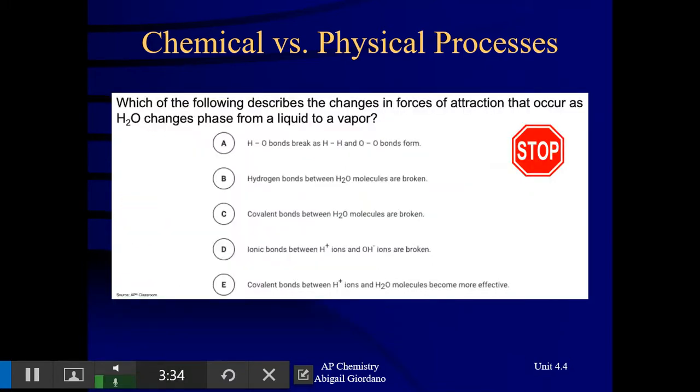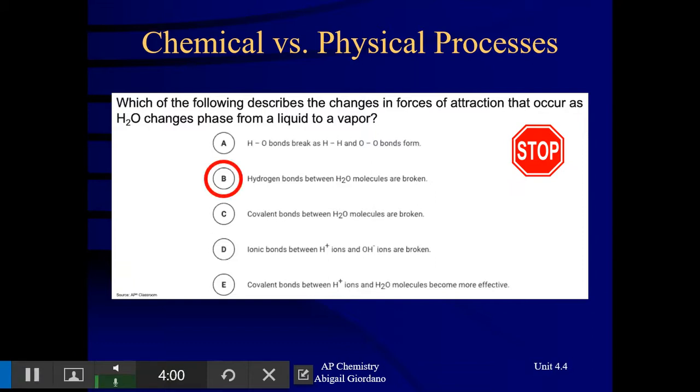So let's look at a sample problem. It says, which of the following describes the changes in forces of attraction that occur as H2O changes phase from a liquid to a vapor? I want you to pause the video and think about which one is going to be the answer. Okay, let's see how you did.